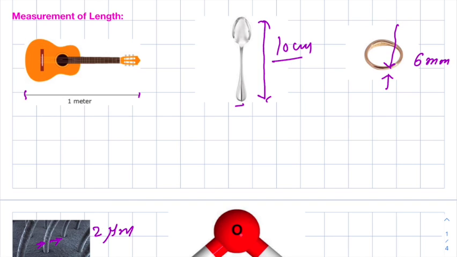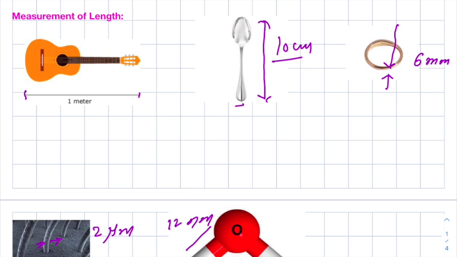And even on the very microscopic scale, like measuring the distance between the hydrogen and oxygen atom in water, you can use nanometer. So nanometer. So we can convert one unit to another unit.